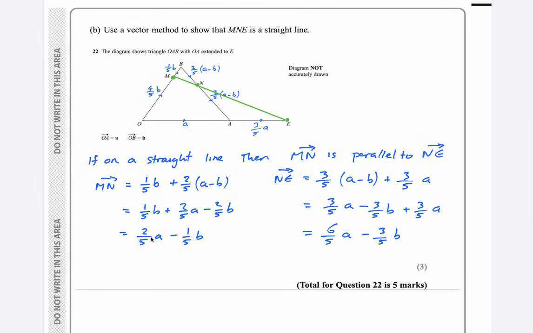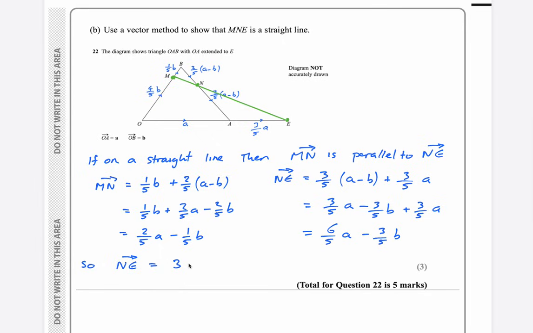Now look, if I multiply this by 3, then I get this. So I'm going to say NE, this one, is actually equal to 3 of this one, because if I multiply this by 3, I get this.